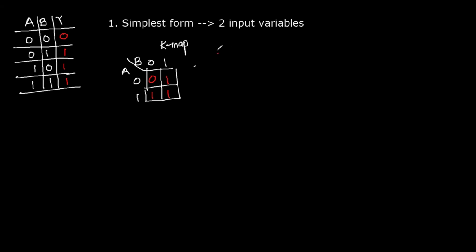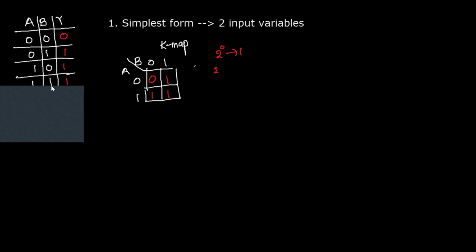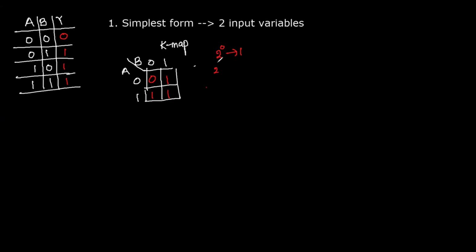So you can group 2 to the power 0, which is 1, 2 to the power 1, which is 2 ones, 2 to the power 2, which is 4, 2 to the power 3, which is 8, and so on.